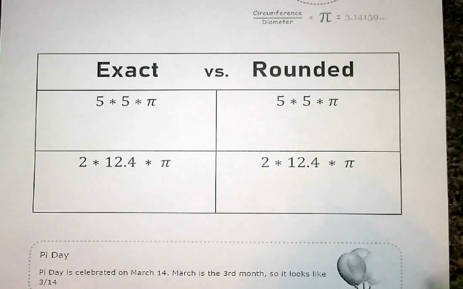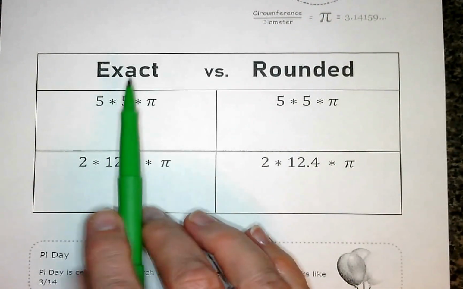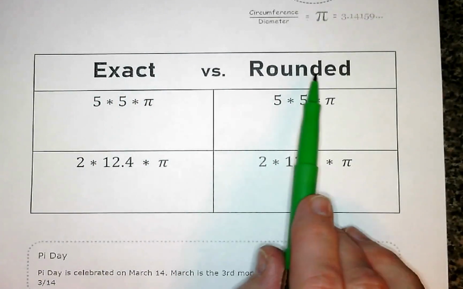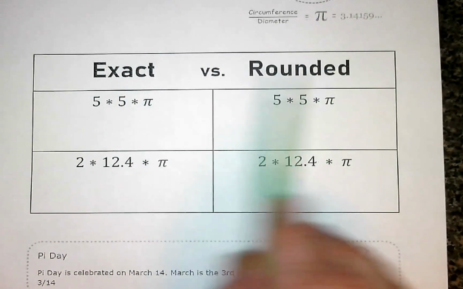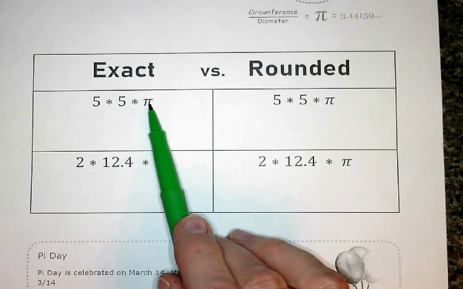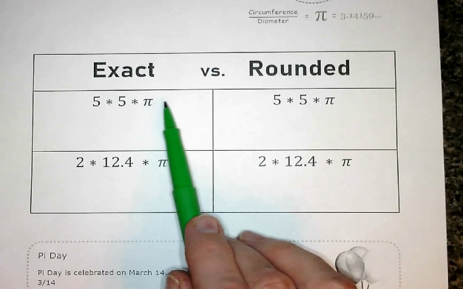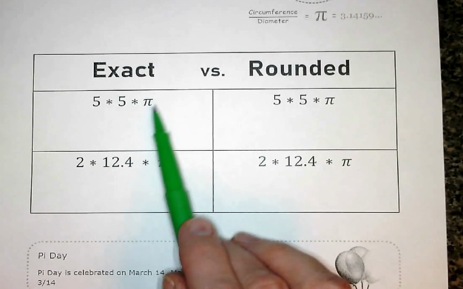Now, when we're calculating, which is what we're going to be doing a lot in this level, we have a difference between what we call the exact answer and a rounded answer. As said before, pi is an irrational number, so it keeps on going and going, and it's never going to be exact unless I leave it with the symbol pi.